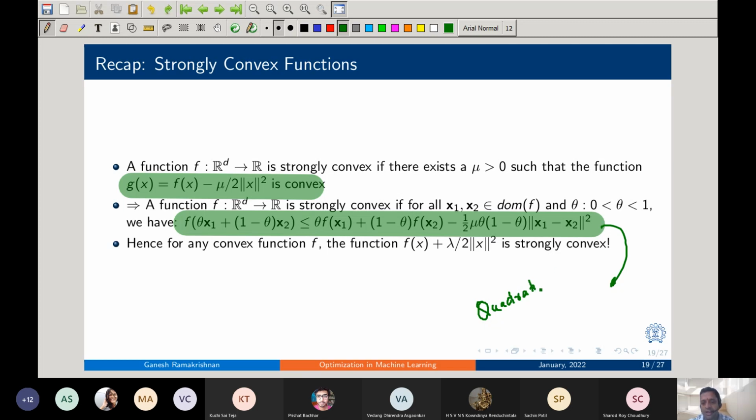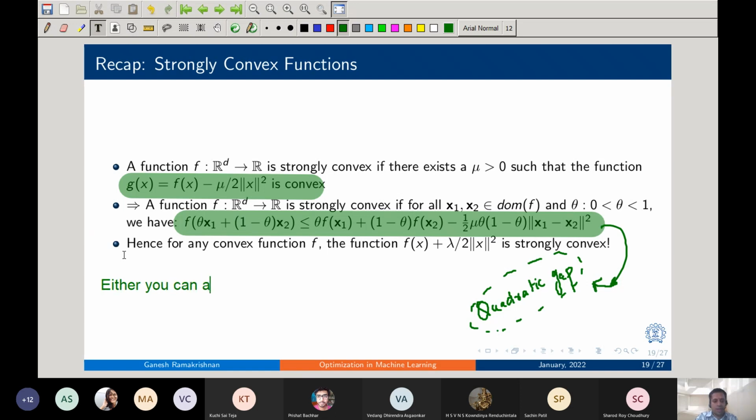So we are saying that if f is strongly convex, then even if you remove that quadratic gap, you'll still have convexity. Okay. So you can either add that quadratic gap to a convex function to make it strongly convex. That's the summary, right? Or you can remove that quadratic gap from a strongly convex function to get convexity.